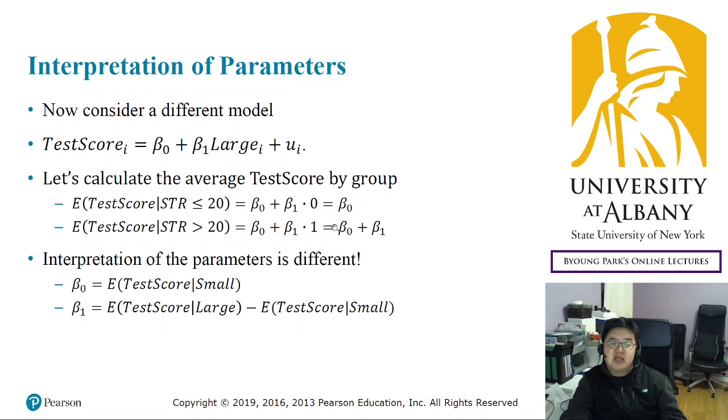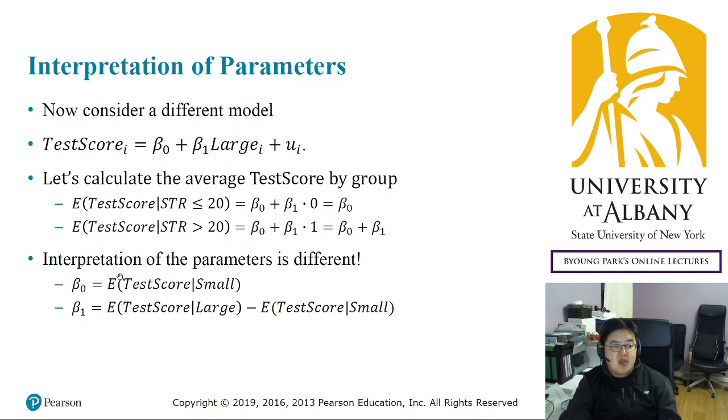But now the large dummy variable takes 0 and 1 in this way. Small group has 0, large group has 1, right? That's the definition. So beta 1 survives only in this group. Beta 1 is relevant only to the large class size group.